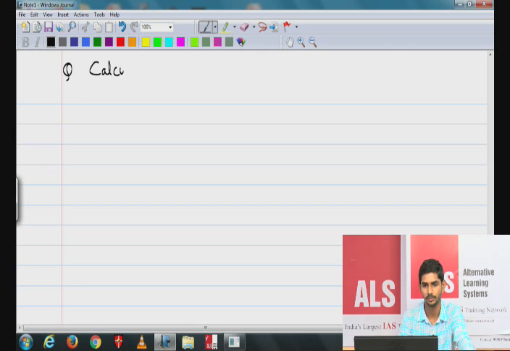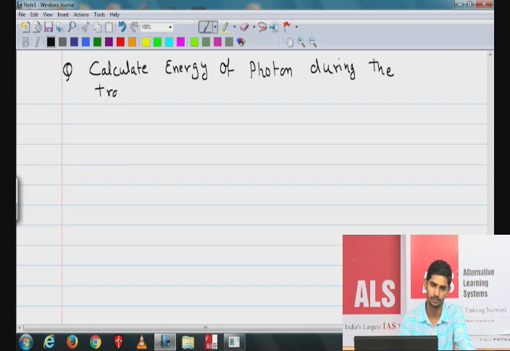Calculate the energy of photon during the transition from third state to first state.